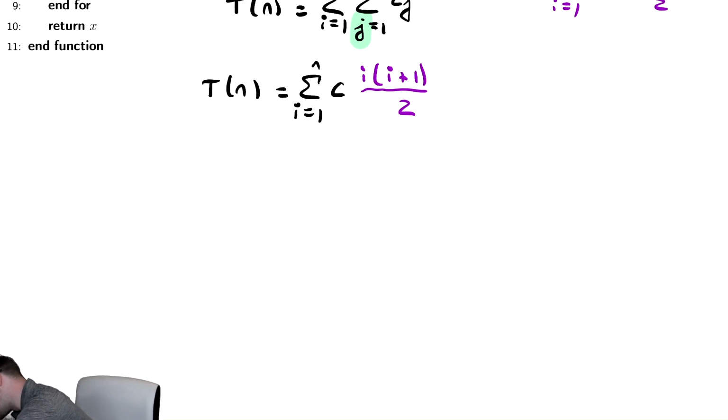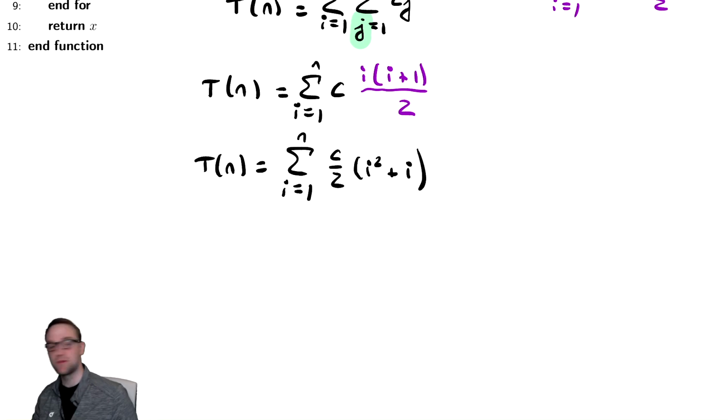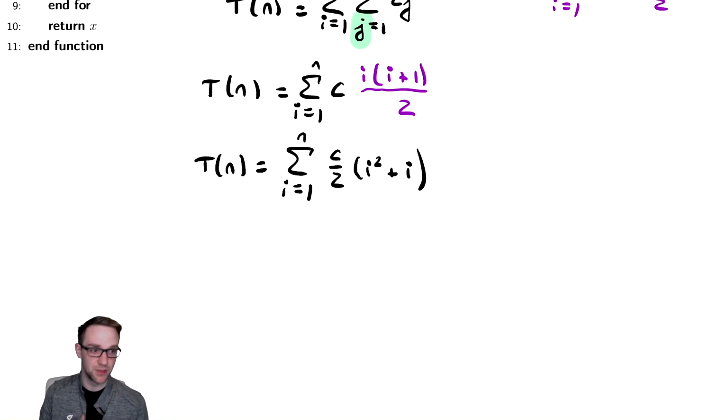So now, let's do some arithmetic on this. We can combine some constants and distribute and things like that, and write this as T of n is equal to the sum from i equals 1 to n of c over 2 times i squared plus i, which we actually have formulas for both i squared and i, so why not try to use those?